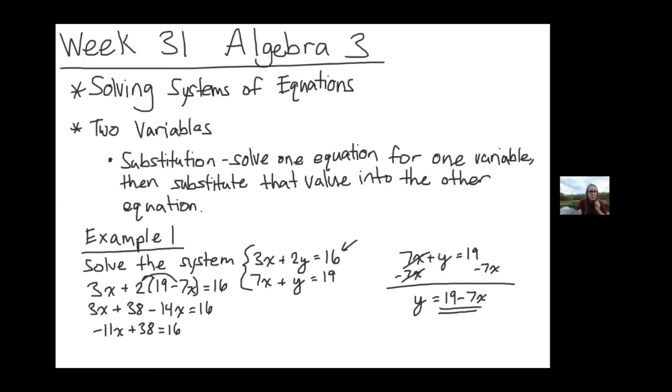Subtract 38 from both sides. We get negative 11x equals negative 22. Divide both sides by negative 11 to get x by itself. And we get x equals 2.